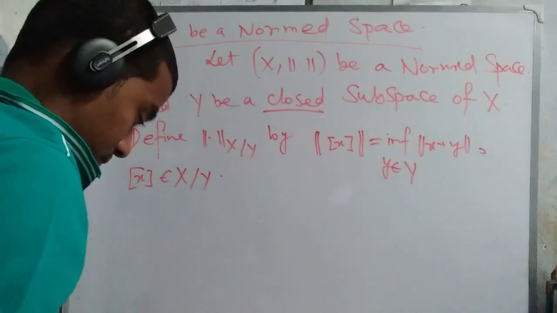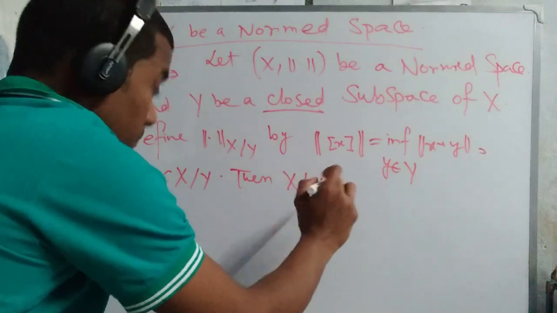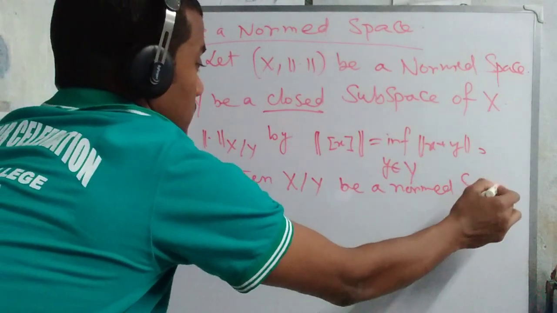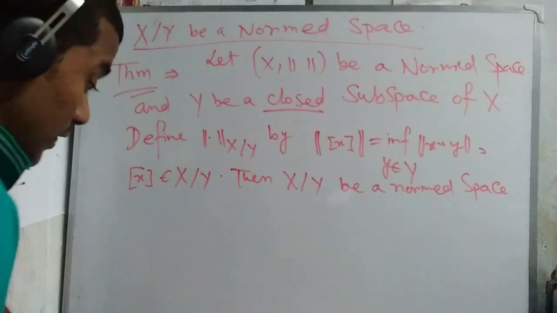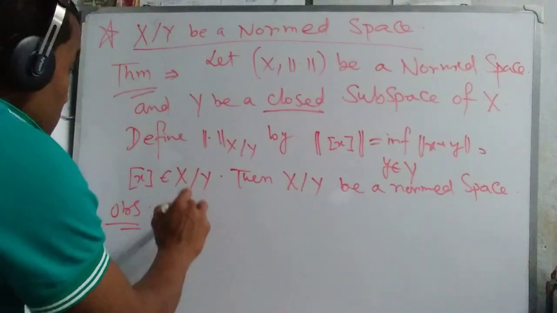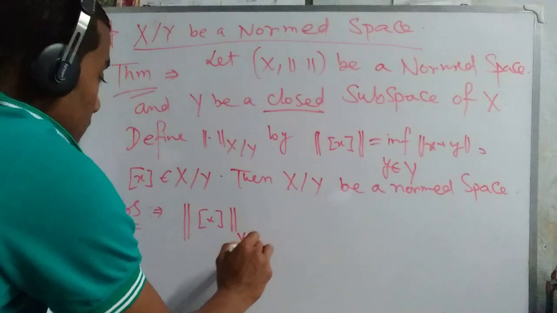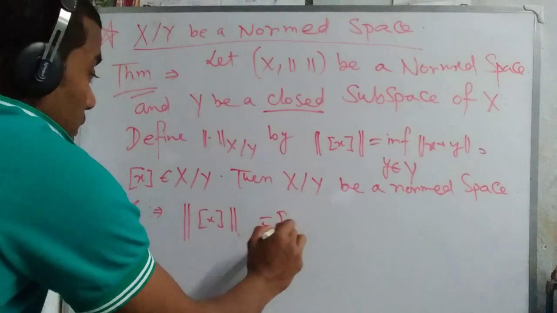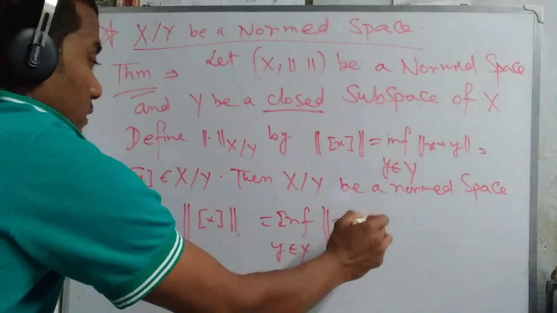Then X quotient Y is a normed space. And how this norm is defined, we write in observation. It is defined in this way: infimum over y belongs to Y of norm of x + y.